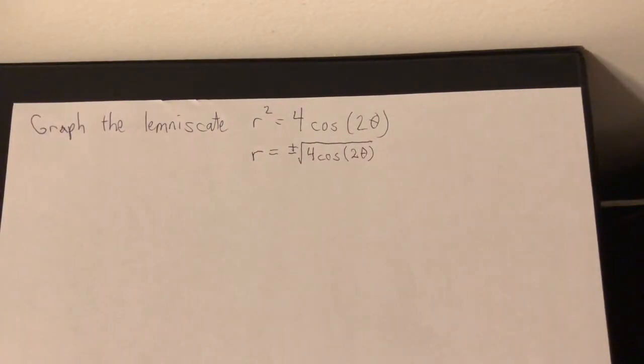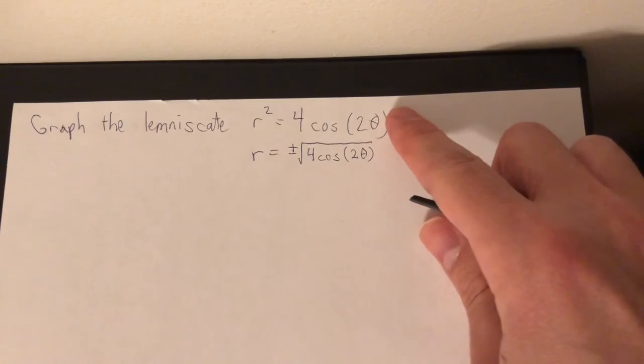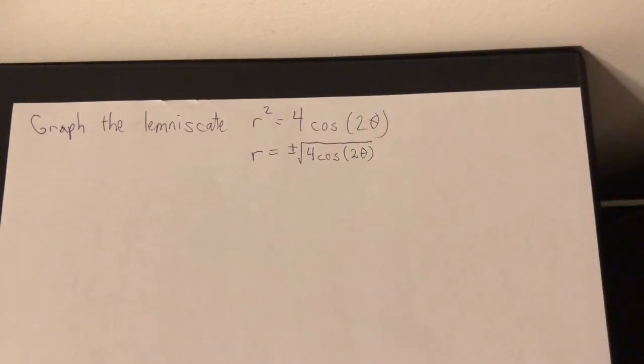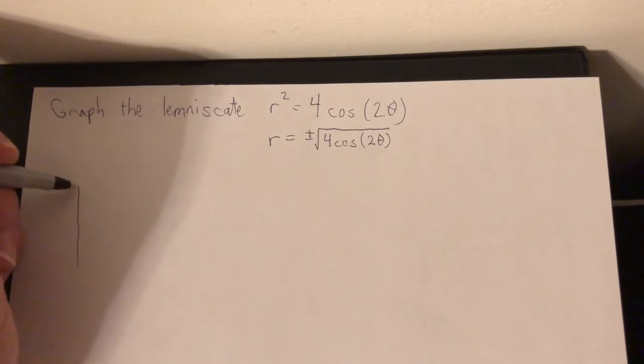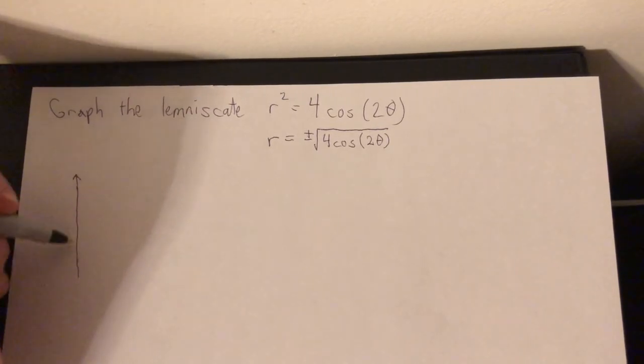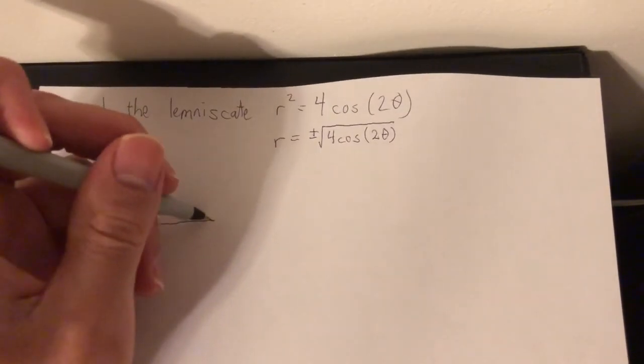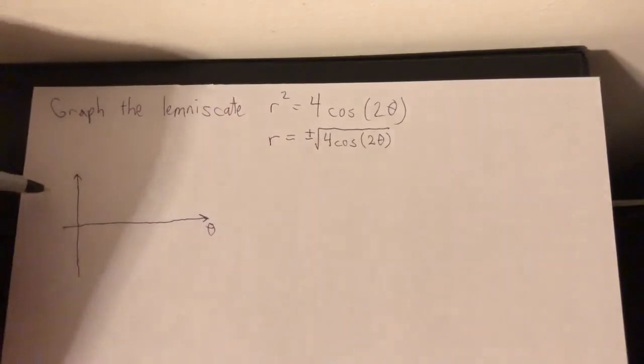So the game plan here is, let's look at 4 cosine of 2 theta, and then let's think about what happens when we take the square root of that. So let's look at the graph just in the theta r plane of 4 cosine of 2 theta. So there's my theta r plane.